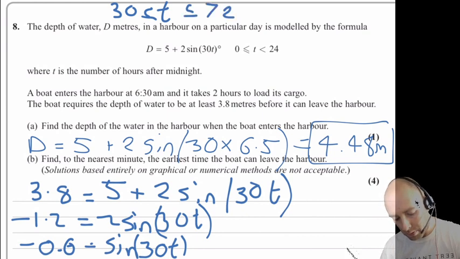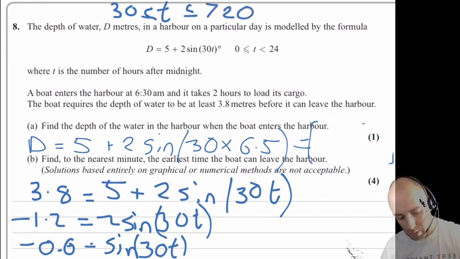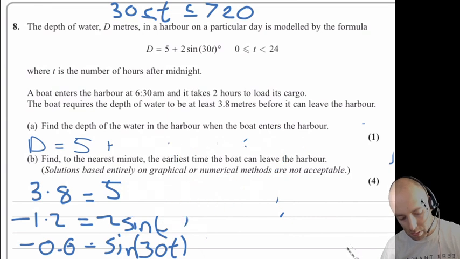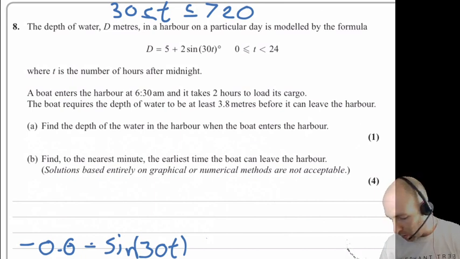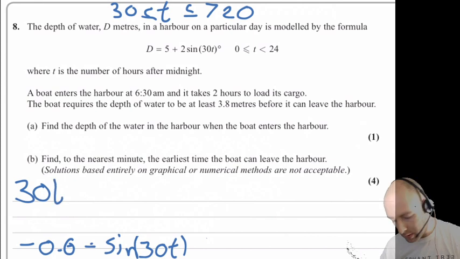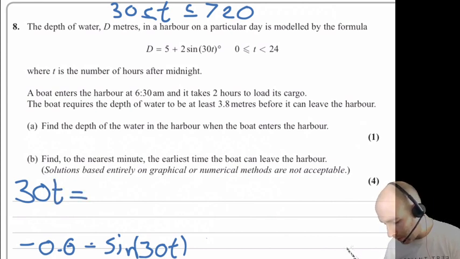Let's get rid of all this stuff now. We want the earliest time, so we want the smallest solution to this. So we're going to solve for 30t. So 30t would be sine to the minus 1, arc sine of minus 0.6, which gives me minus 36.9.